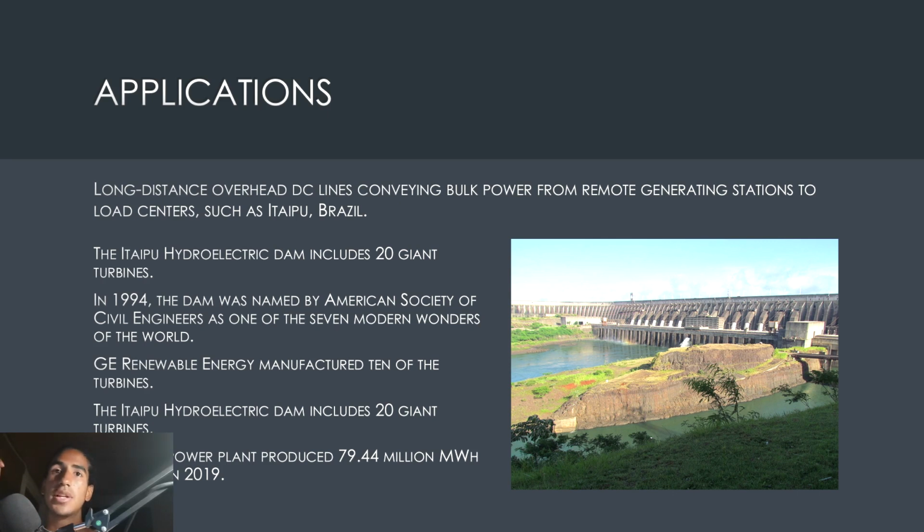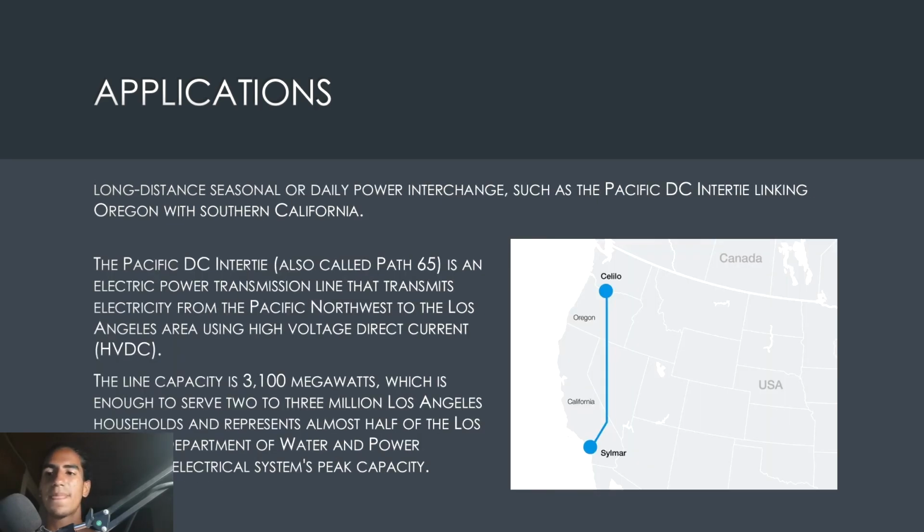General Electric Renewable Energy manufactured 10 of the turbines, and it produced 79.44 million megawatt-hours of power in 2019. So it's actually a lot.